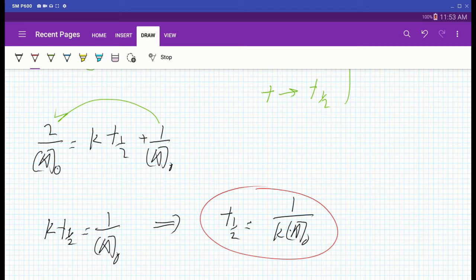And I fully expect you to be able to take an integrated rate equation, any integrated rate equation, and determine the half-life for that. As a matter of fact, that's one of the questions on the problem set. So that is how we get the half-life equation, and that is the half-life for a second order reaction.